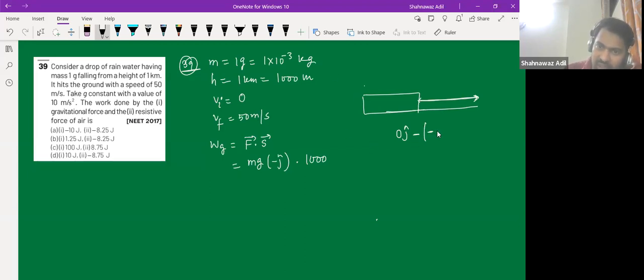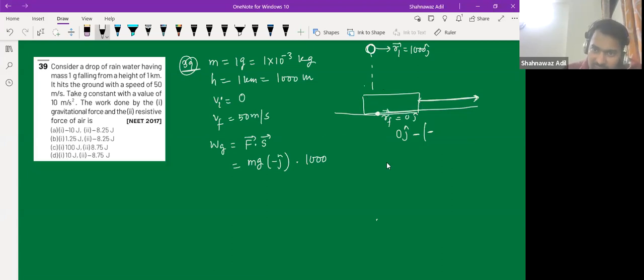This object is falling from here, so the initial position R1 is 1000 j hat, right? And the final position R final is 0 j hat.